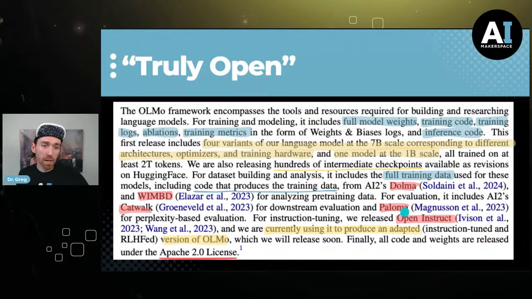And Paloma allows us to do perplexity-based evaluation. Finally, the open-instruct data set is going to help more and more people do instruction tuning, and do it in a way that's not as random as it feels today. Which data set should I pick up? How am I actually going to do better generally across tasks with any given data set versus another? These things aren't really clear.